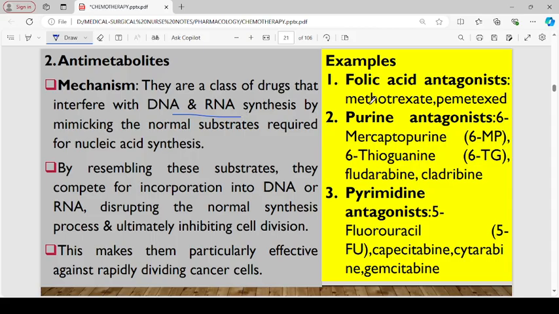We have three subgroups here: folic acid antagonists, for example methotrexate; purine antagonists, an example being mercaptopurine; and pyrimidine antagonists like fluorouracil. These drugs resemble the substrate. They compete for incorporation into the DNA or RNA, and this disrupts the normal synthesis process, ultimately inhibiting cell division.